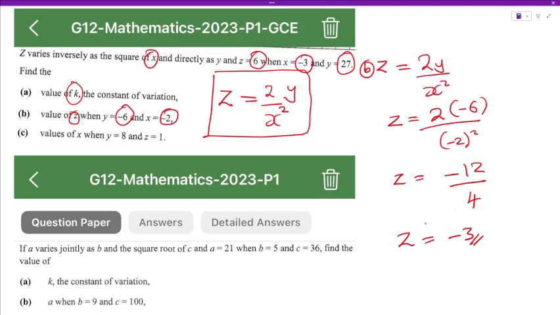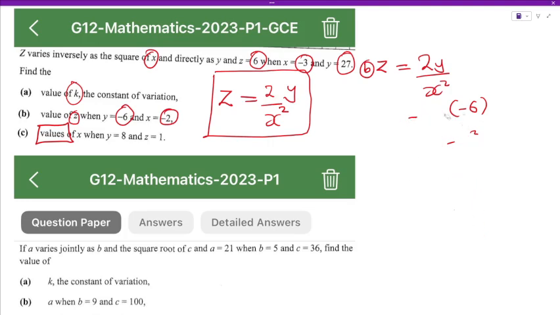And then finally we are asked to find the values of x when y is 8 and z is that one there. First thing, write your formula, which you already have there. We're asked to find the values of x.